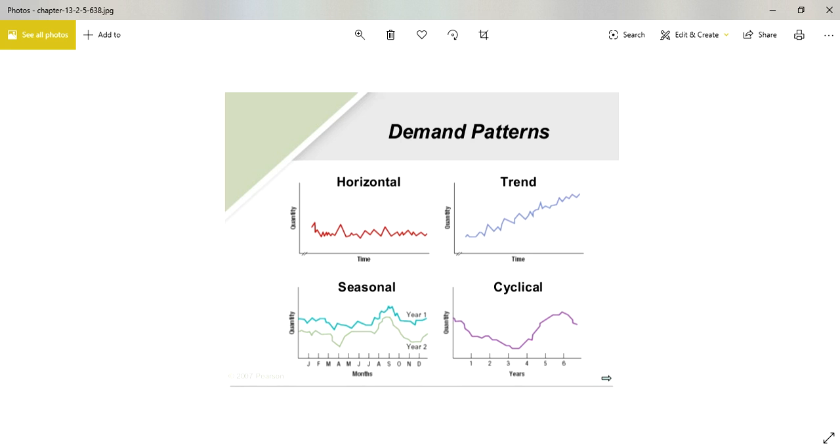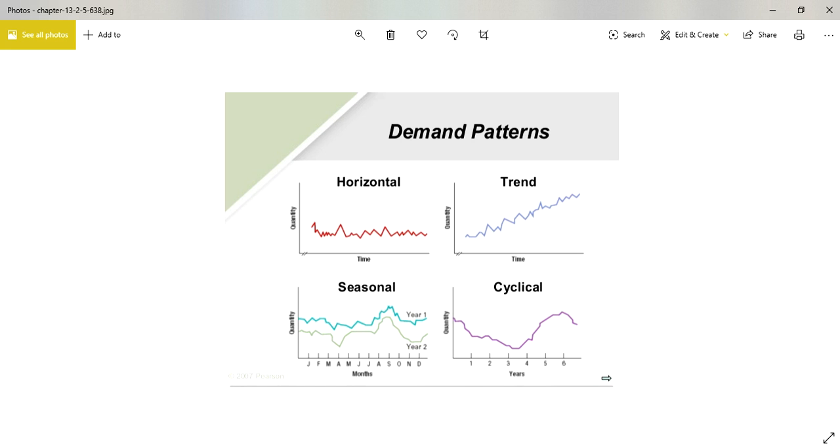You see, this trend is called horizontal. It goes horizontally. Although there are some fluctuations around here, the trend is horizontal. This is an upward trend, just like the previous example of GDP of the United States.